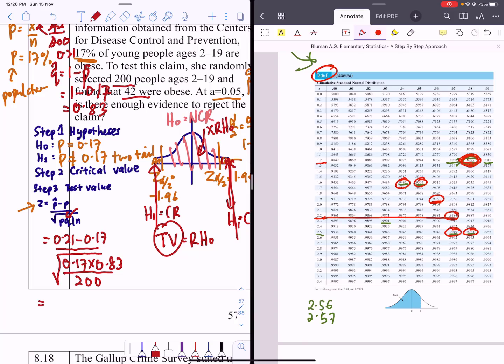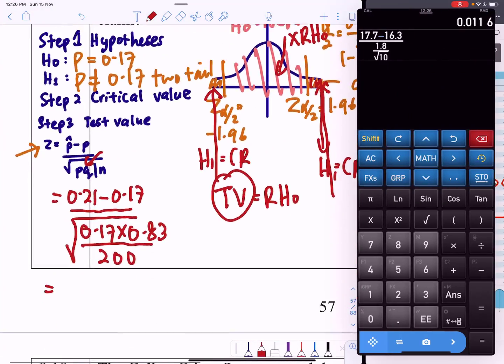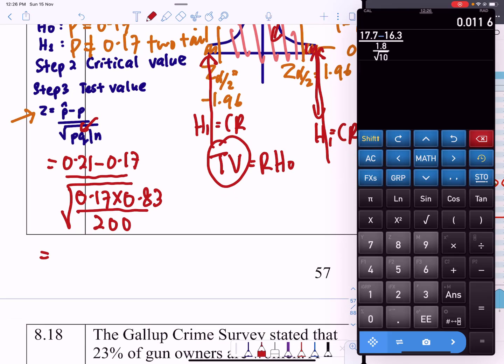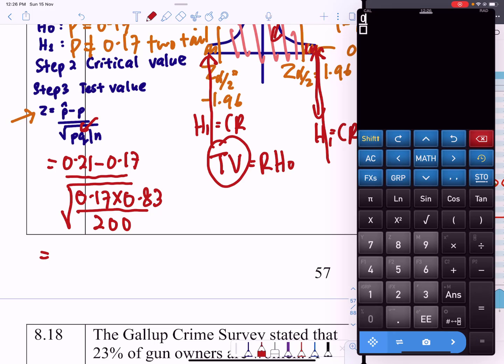Then we need to find the z value. Kamu tekanlah calculator ya. 0.21 minus 0.17 and the above square root.